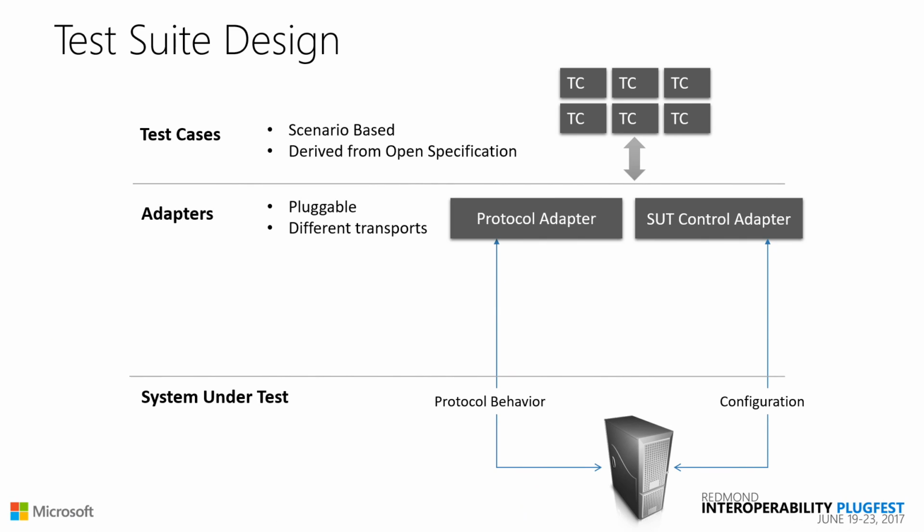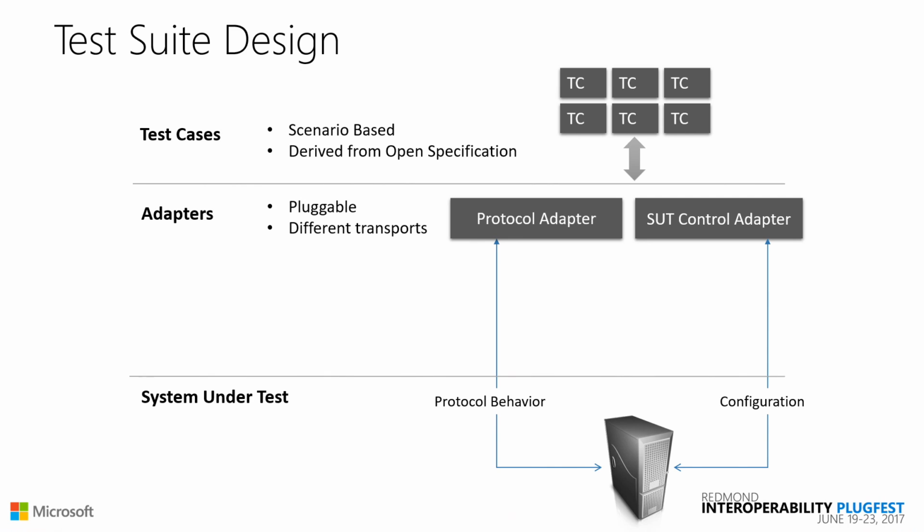It includes three parts: test suite, adapter, and system under test. We call it SUT. So the test suite is test cases. Test case is scenario-based, and it's the logic part of the protocol test suite. And then the adapter.